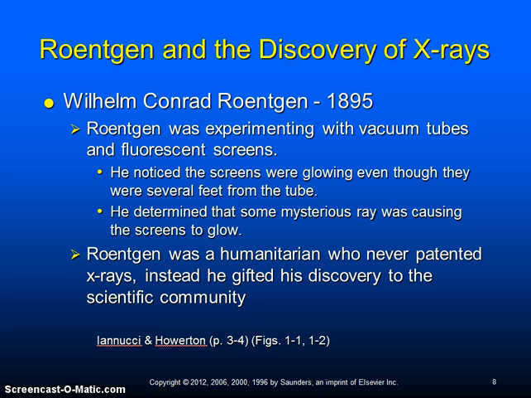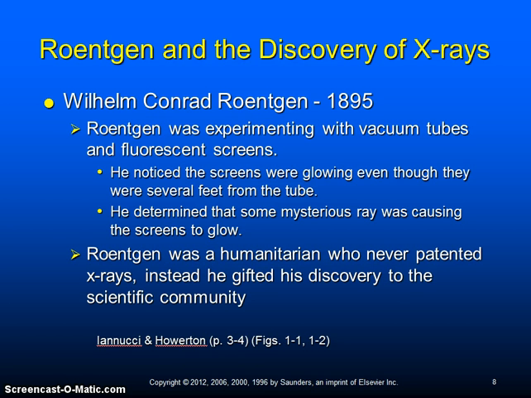In 1895, Wilhelm Conrad Roentgen was experimenting with vacuum tubes and fluorescent screens when he noticed that screens were glowing even though they were several feet away from the tube. He determined that some mysterious ray was causing his screens to glow.